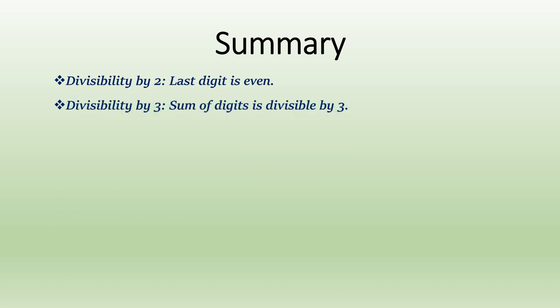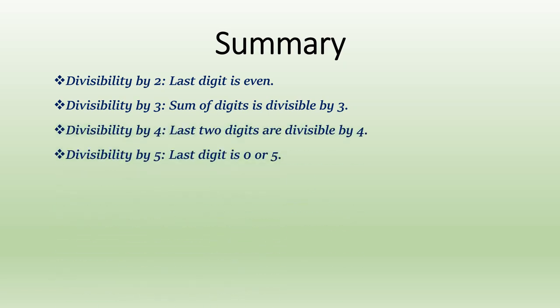Let us summarize the points one by one. Divisibility by 2: the last digit is even. Divisibility by 3: the sum of digits is divisible by 3. Divisibility by 4: the last 2 digits are divisible by 4. Divisibility by 5: the last digit is 0 or 5.